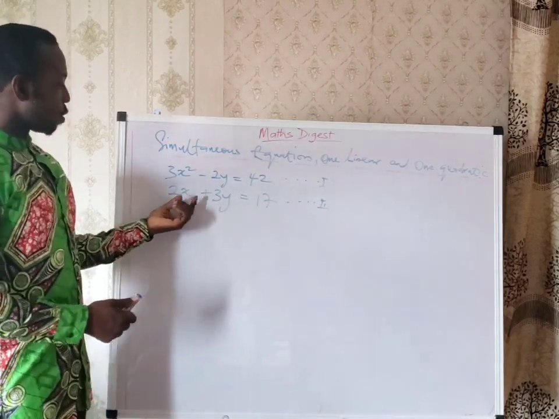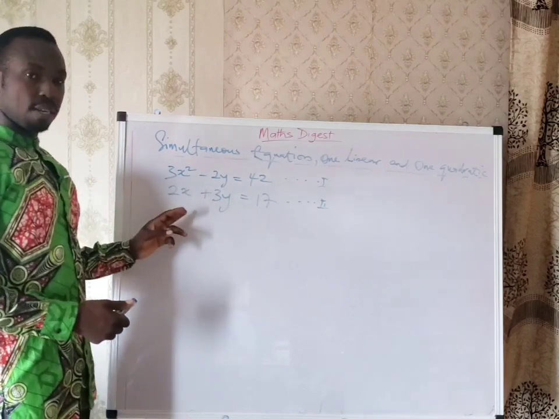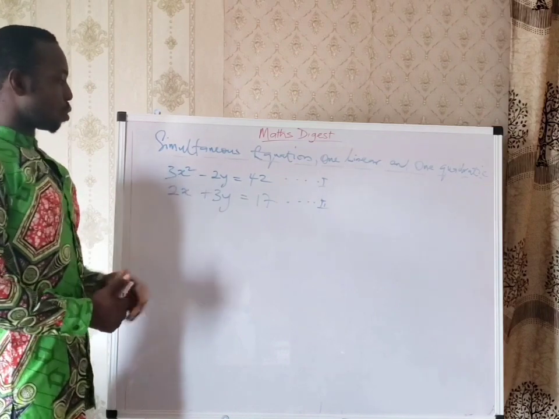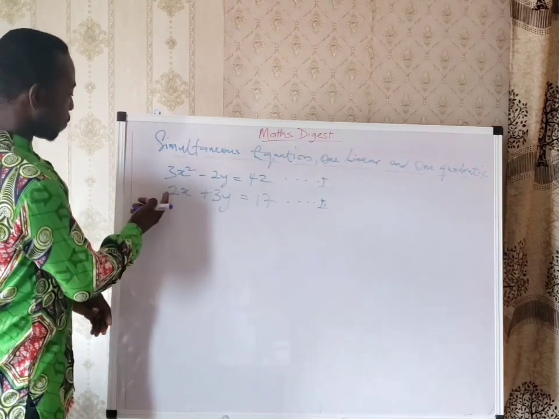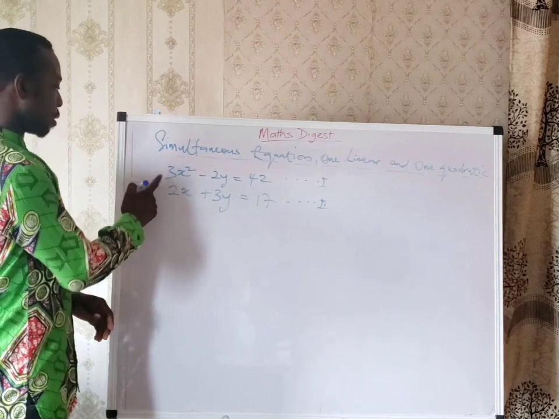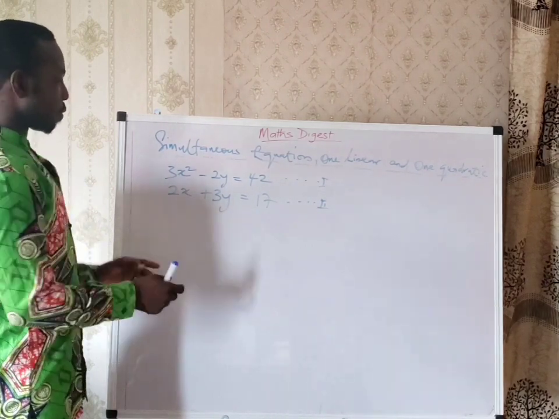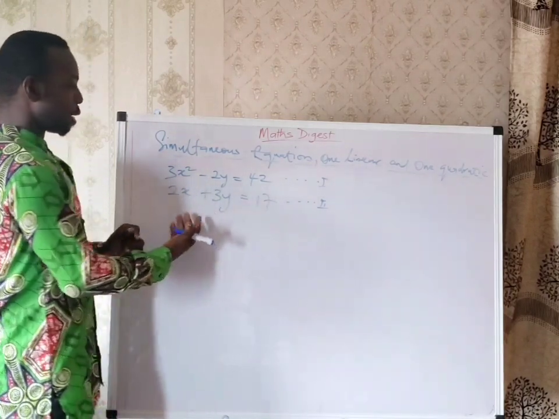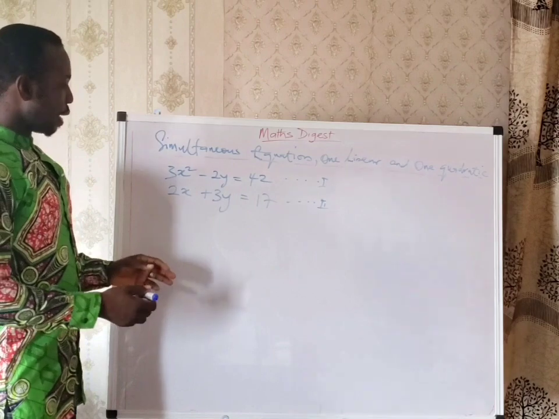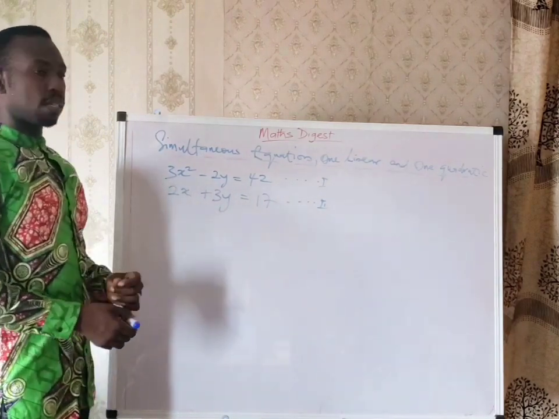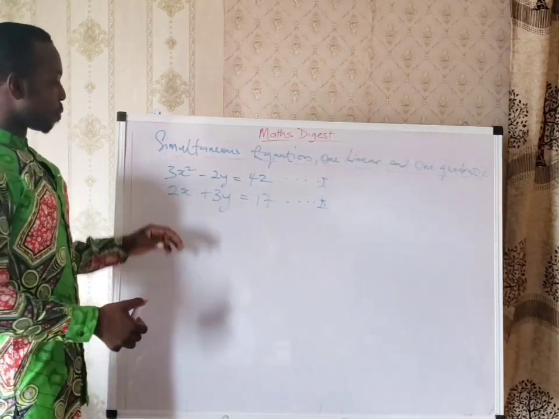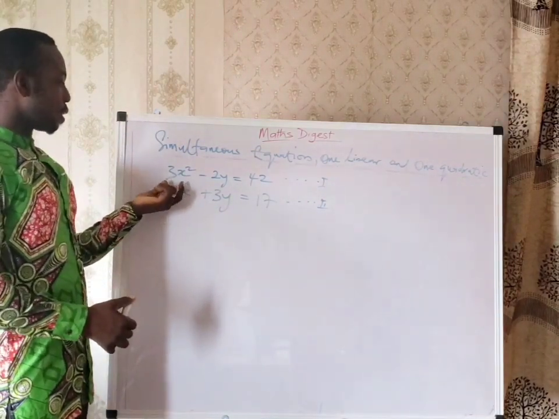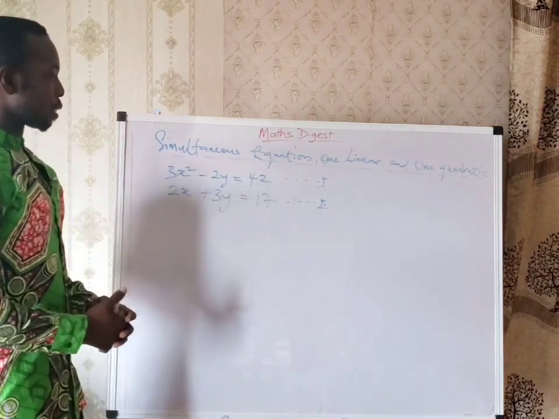When you do that, you substitute for that particular variable in the other equation. The best you can do is to look out for the linear equation and get one of the variables to be the subject of formula. You now substitute that in the second equation that is quadratic.